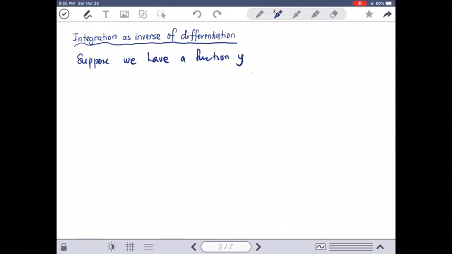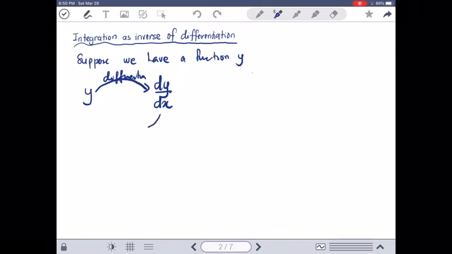When we differentiate y, we will get dy over dx. But when we integrate dy over dx, we will get y.